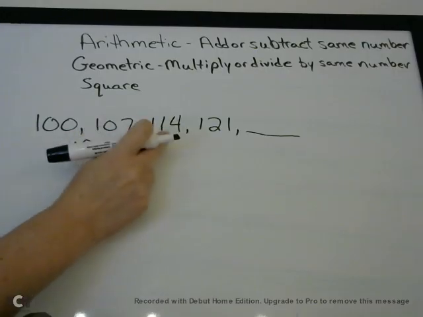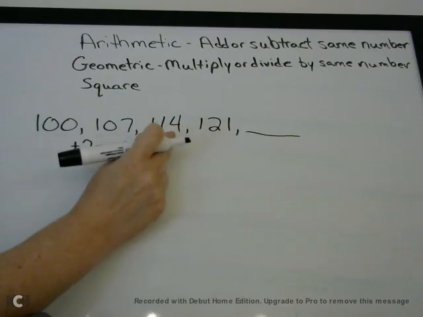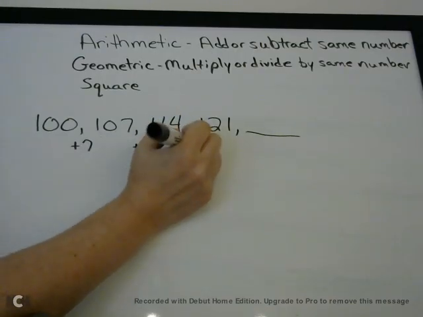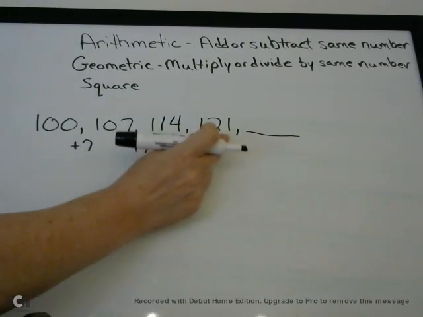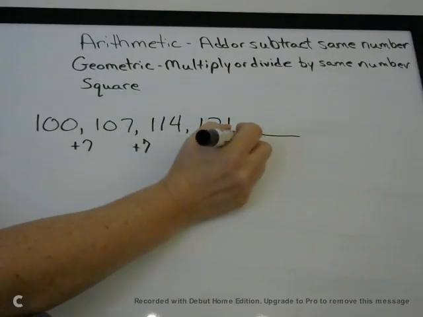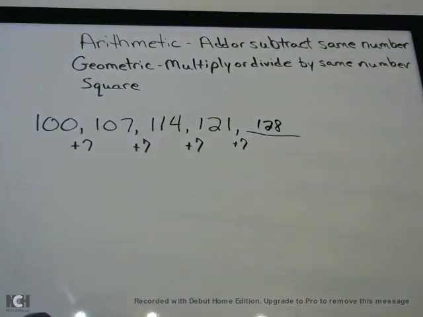To go from 107 to 114, you add 7. To go from 114 to 121, you add 7. So they're adding the same number each time. They're adding 7 to each number. So for the next number, you would add 7 to 121. The next number in the sequence is 128, according to the arithmetic sequence rule.